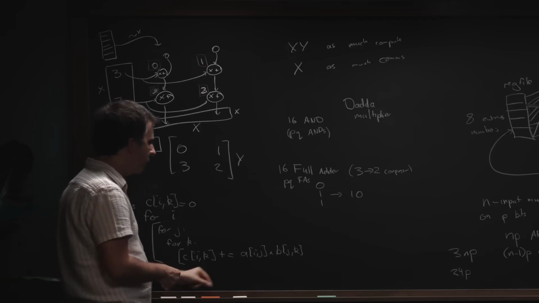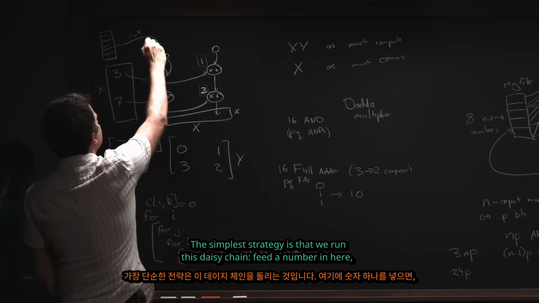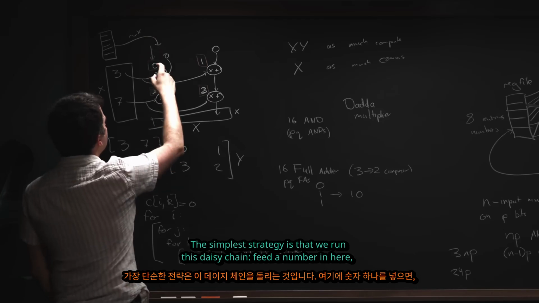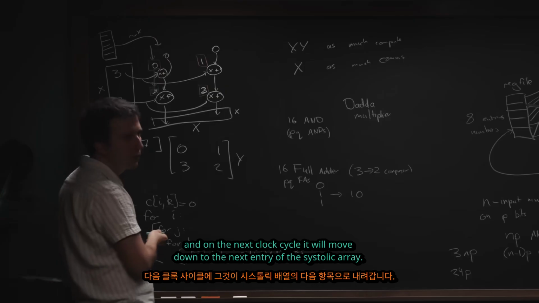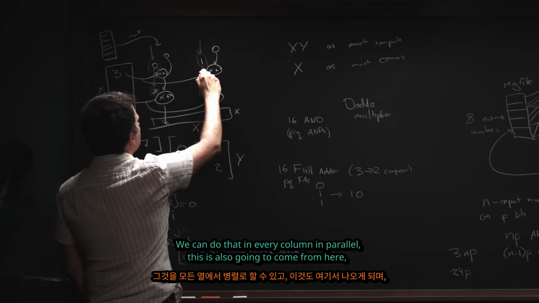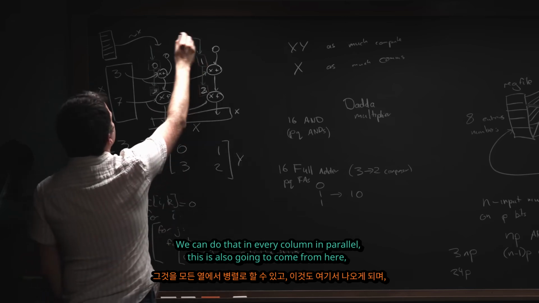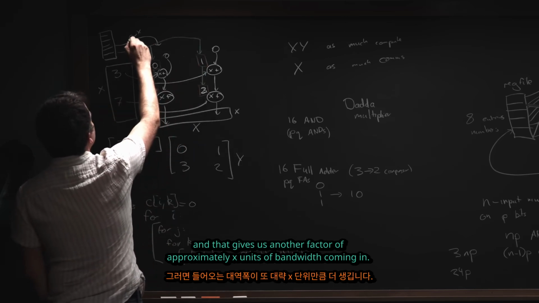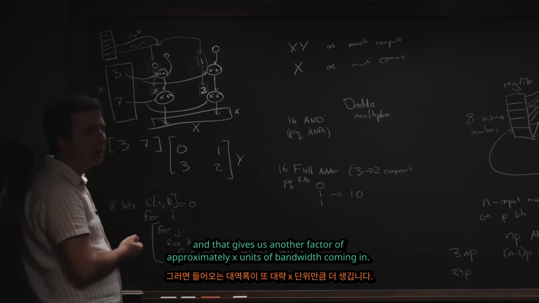The simplest strategy is that we run this daisy chain that says feed a number into here, and then on the next clock cycle, it'll move down to the next entry of the systolic array. And so we can do that in every column in parallel, and this is also going to come from here, and this is going to be another factor of approximately X units of bandwidth coming in.